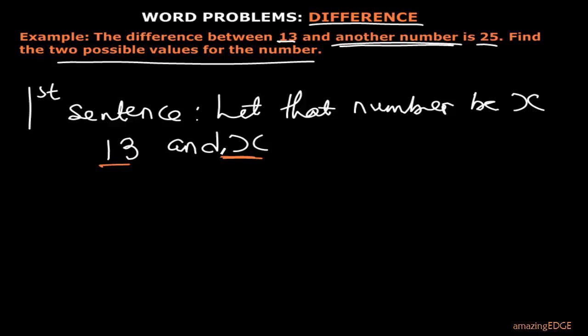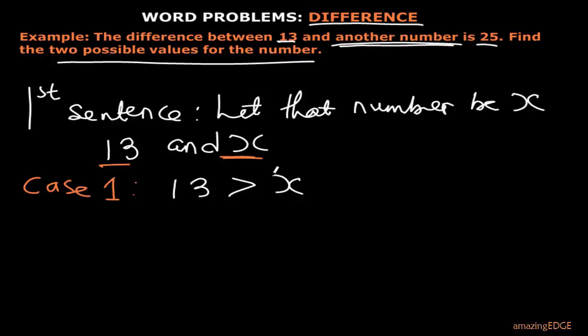So in this situation, we can look at two cases. Let's say case 1. We suppose that 13 is greater than x. If 13 is greater than x, that means we are going to subtract x from 13.